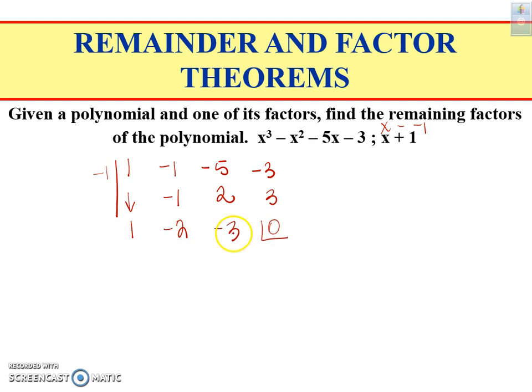So here's the three terms I'm left over with. I have x squared minus 2x minus 3. So that trinomial is going to factor again. So we've got an x minus 3 and an x plus 1 as our two remaining factors.